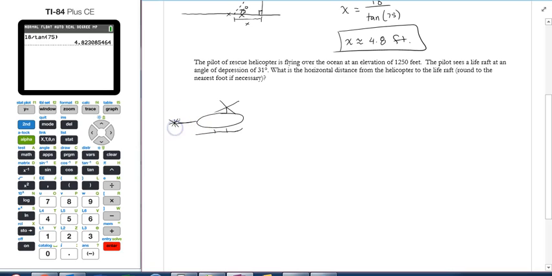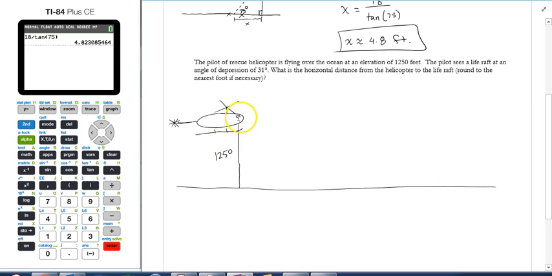And we've got our little rotor back there. There's my helicopter. And I know he is flying up here at an elevation of 1,250 feet above the ocean. The pilot is sitting in here. It's a see-through helicopter.